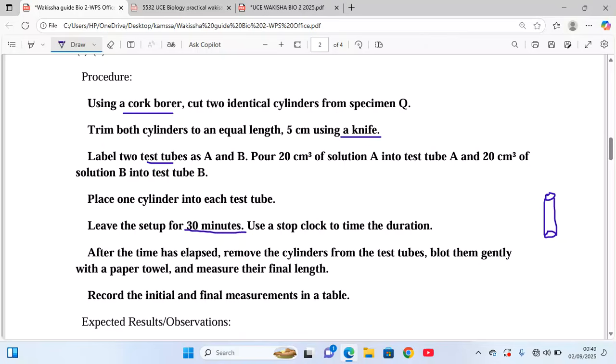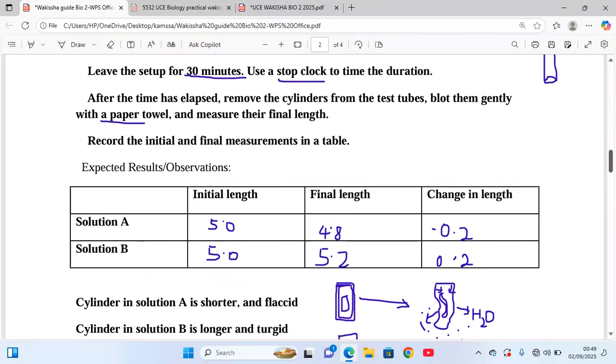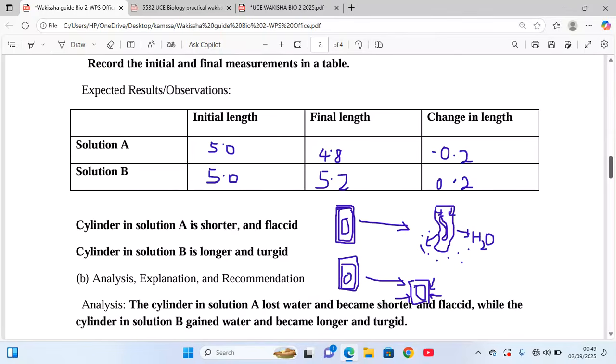You see here another apparatus. Then after the time has elapsed, remove the cylinders and blot them gently with a paper towel. Another apparatus, and then measure the final length, using a ruler. So those are the results.